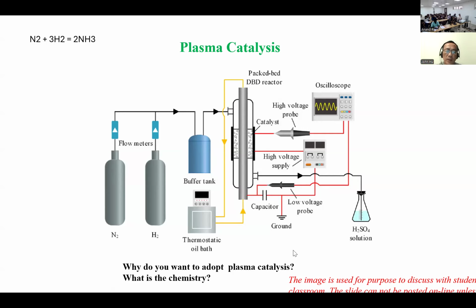DBD is cold plasma. Cold plasma means if you generate plasma, there's an electron, there's an ionic body. The electron is small, but the electron is very hot. But the remaining molecule is cold. Someone calls it non-thermal plasma, someone calls it cold plasma.